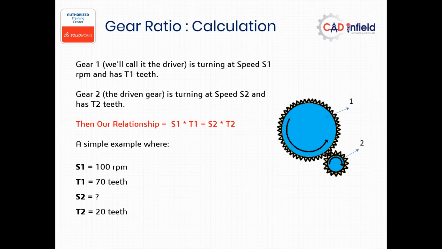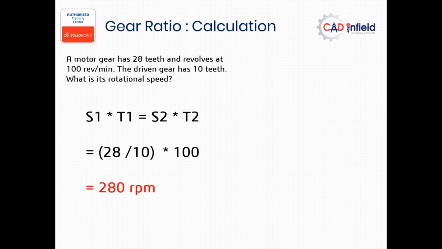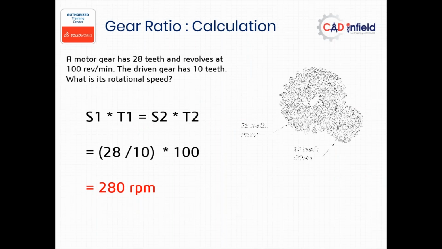Always remember, speed and teeth are inversely related, so we have the relation S1 into T1 is equal to S2 into T2, and whatever formula you get from it, you can just check it out and you will get the variation. So a very handy problem is there.